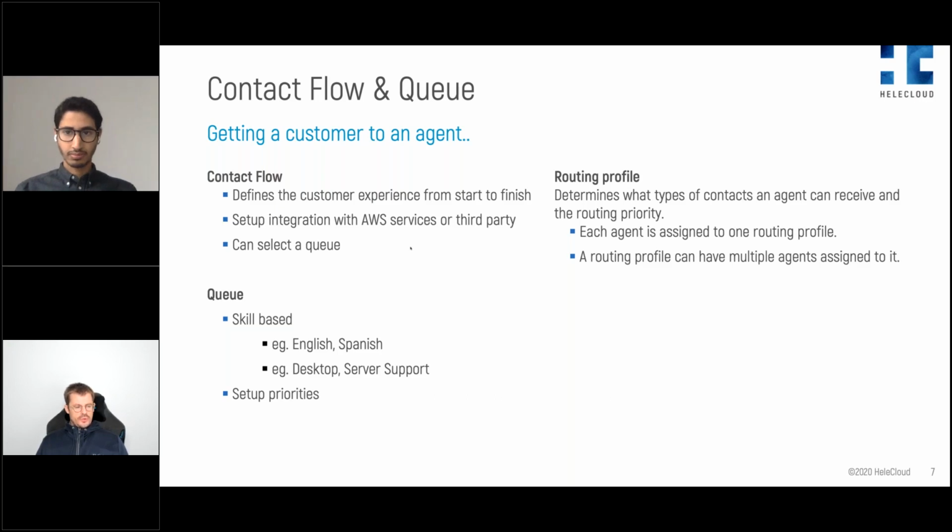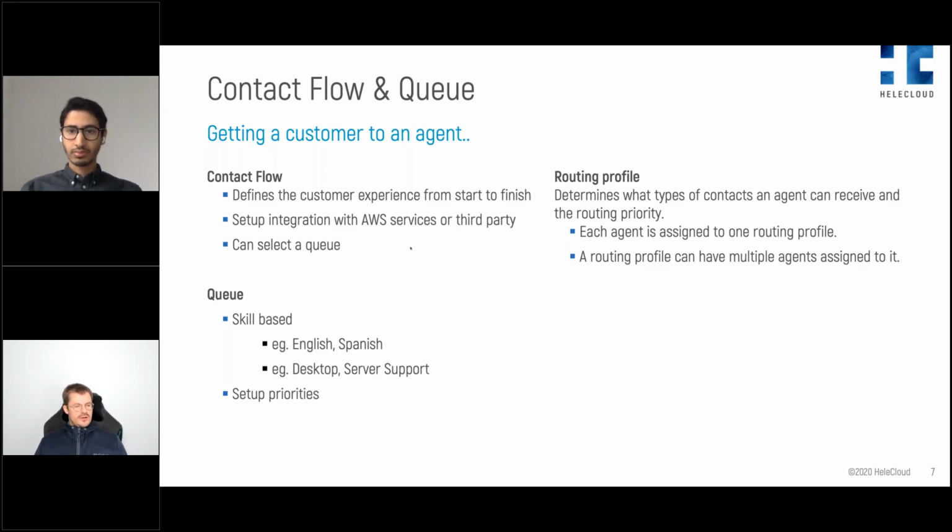So on the queuing side, there's something called skill-based routing, and basically that means that let's say you have 100 people sitting by the phone, 40 of them speak English and Spanish, 40 of them speak English, and 20 of them speak Spanish. If it's a Spanish call, it should go to those people who actually speak Spanish, which is in this case 60 out of 100.